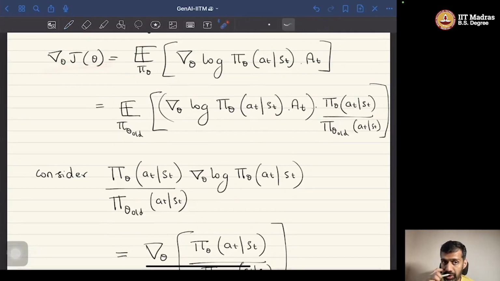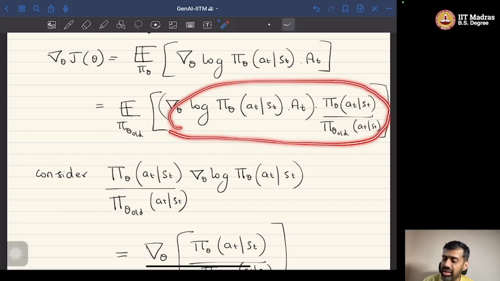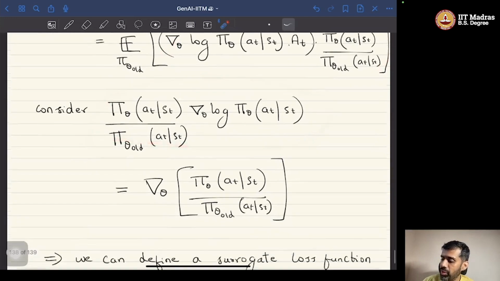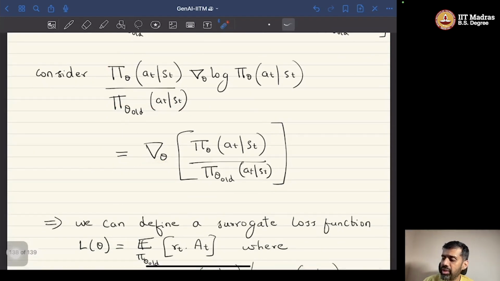So the gradient of the function that we needed in the policy gradient theorem was simply given by this expectation, which involved a ratio here, and the expectation was with respect to theta old, and the expression inside the expectation was shown to be equal to the derivative of this density ratio.